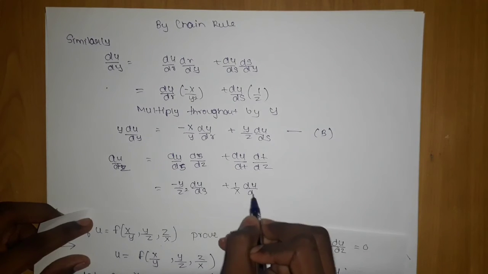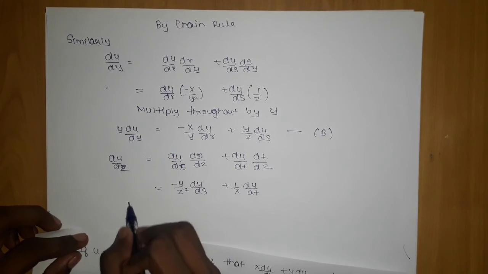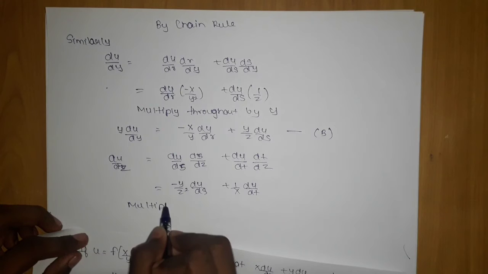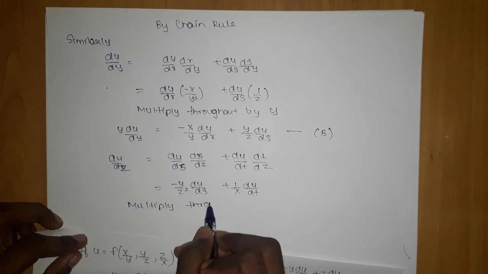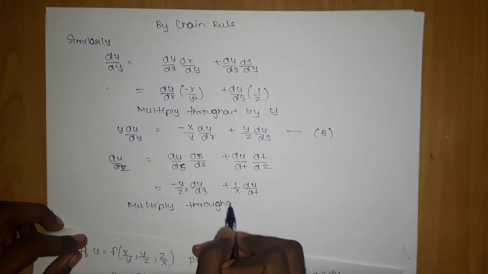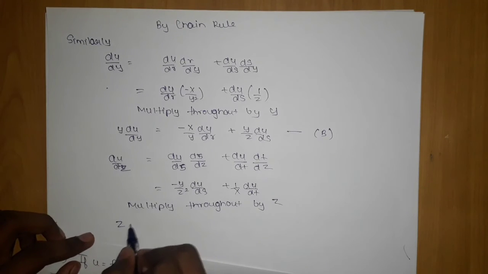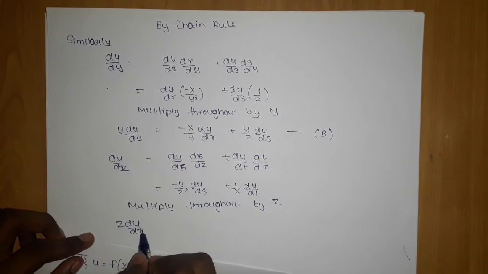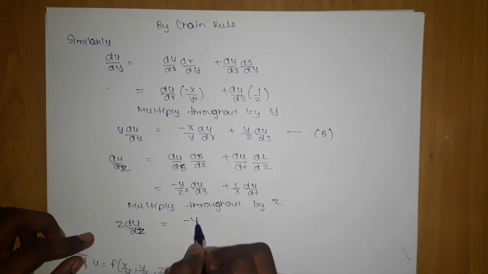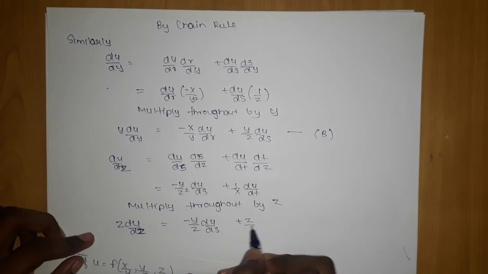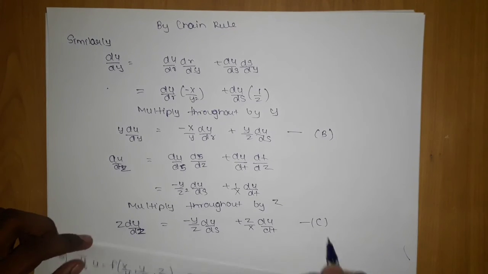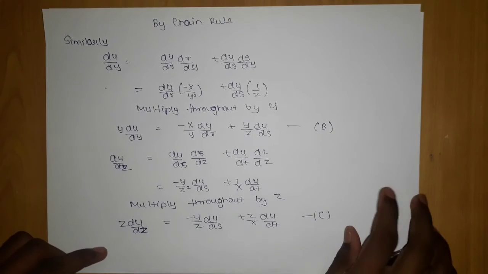If I multiply throughout by z, I'm going to get z ∂u/∂z equals minus y by z ∂u/∂s plus z by x ∂u/∂t. Call it C.